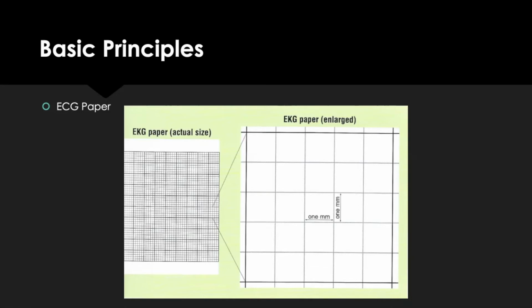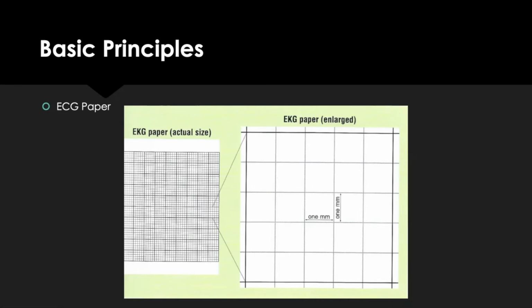So you've probably seen EKG paper before, but if you haven't, it basically looks like this right here. A bunch of big squares with little squares inside of it. Each big square has 5 little squares inside, and each of the little squares is 1 millimeter by 1 millimeter.